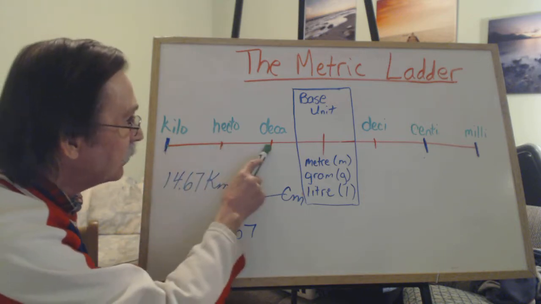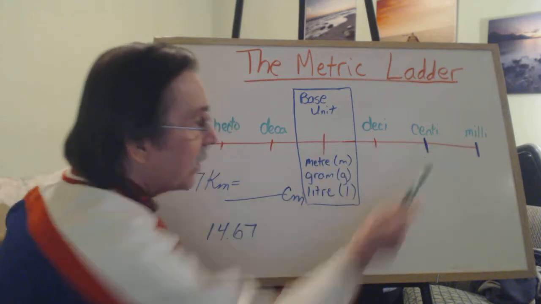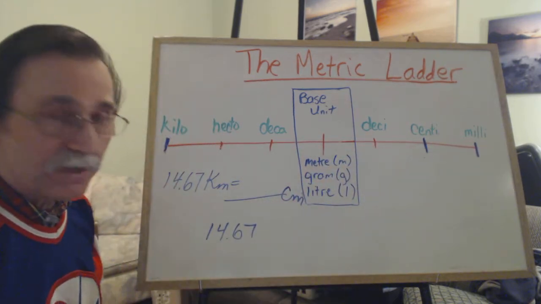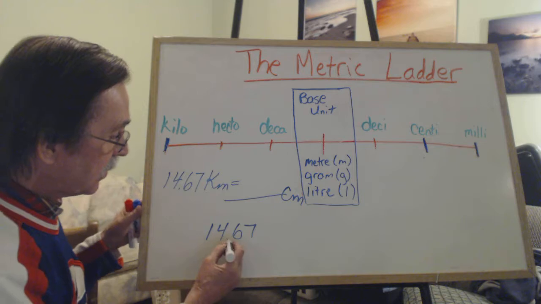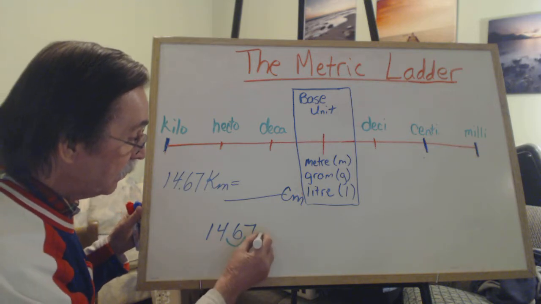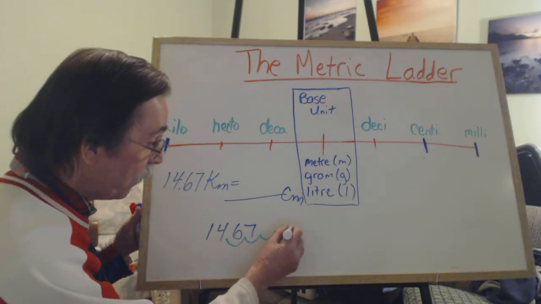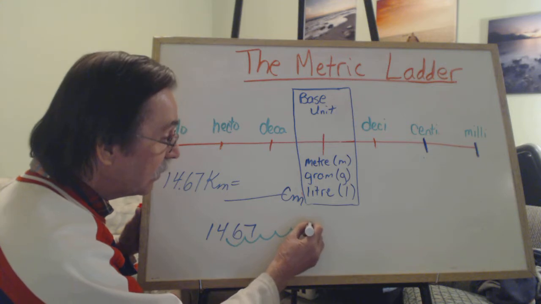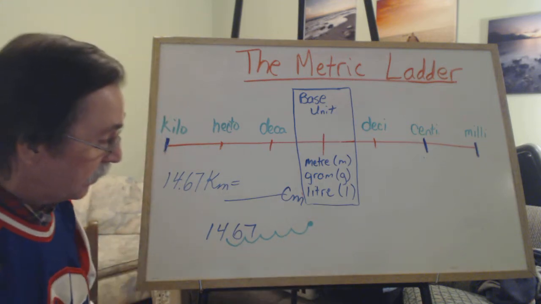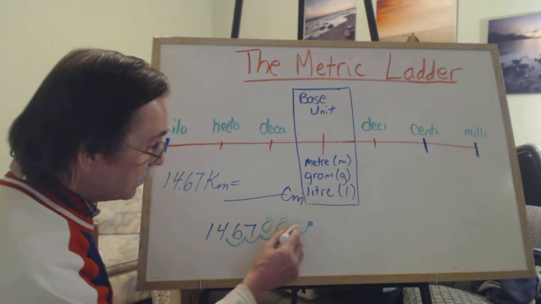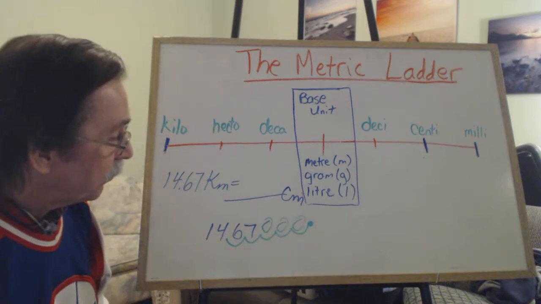So 1, 2, 3, 4, 5. 5 jumps. So let's see. 1, 2, 3, 4, 5, and decimal point. Put in your zeros to hold the place.